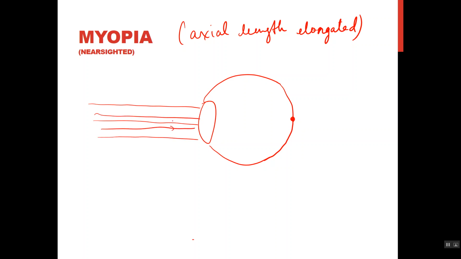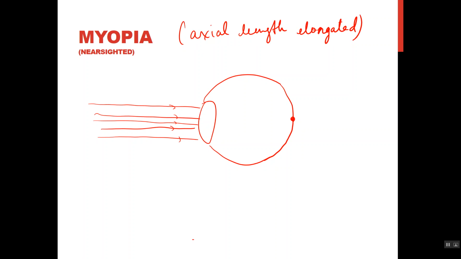There's your incident rays. And the lens is going to converge them, but your eyeball is elongated. Normally, there's nothing wrong with your lens. Your lens is going to converge them as it should, over here.